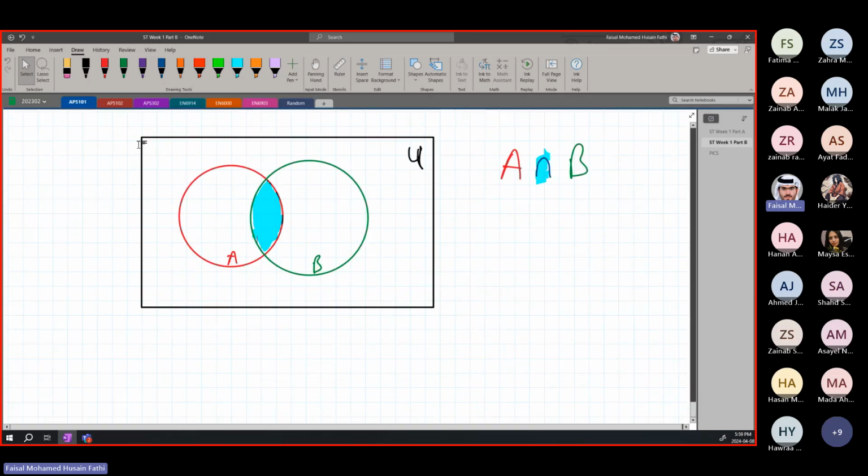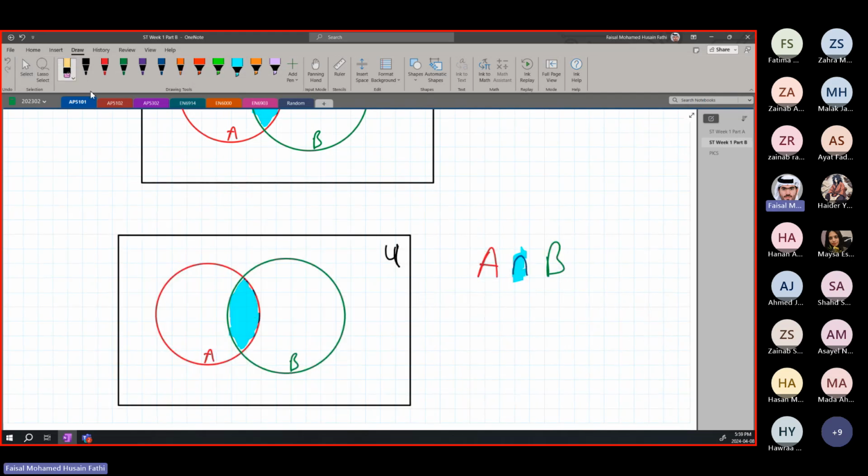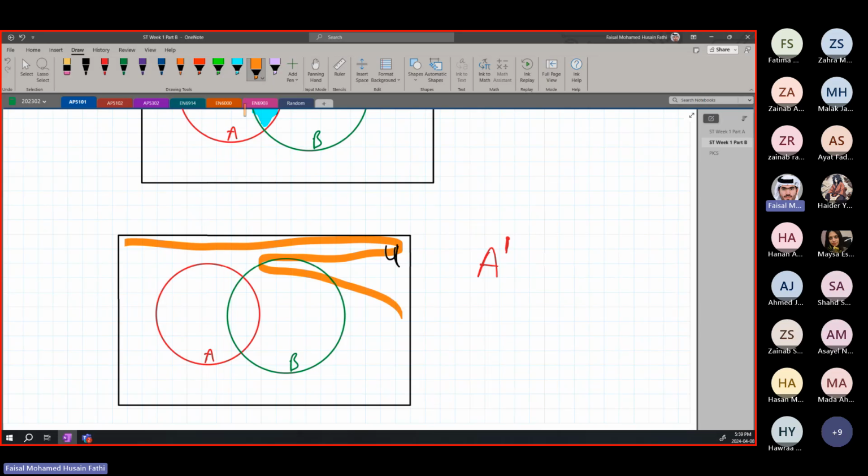And the last thing I want to explain is the complement, which I explained earlier as well. Let's say we're looking just at A. We want the complement of A, A prime. Then it will be the entire shaded area that is outside of A itself.